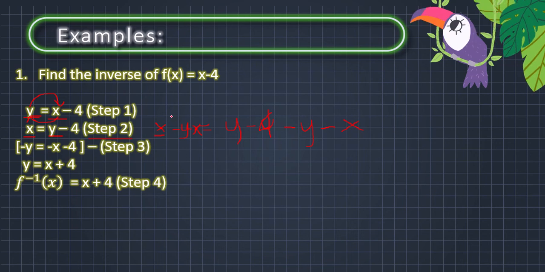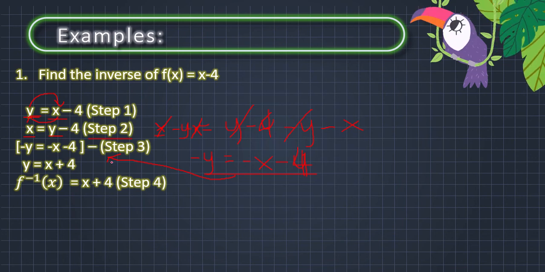Which means we cancel out x on the left, and y will be canceled on the right. Therefore, the remaining equation will be negative y is equal to negative x minus 4 as we rewrite them. And that is located here in step 3. Look at the form: negative y is equal to negative x minus 4.